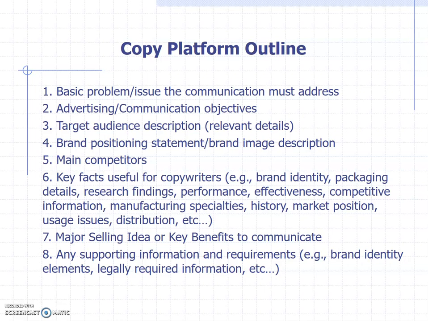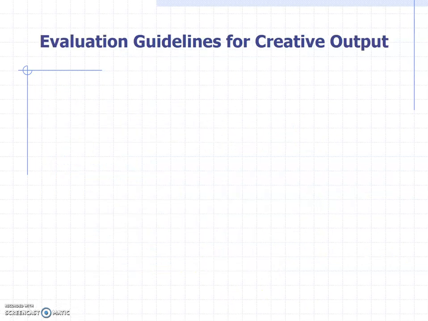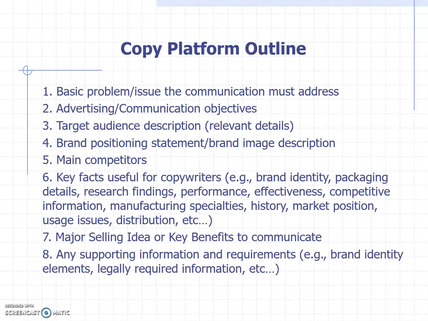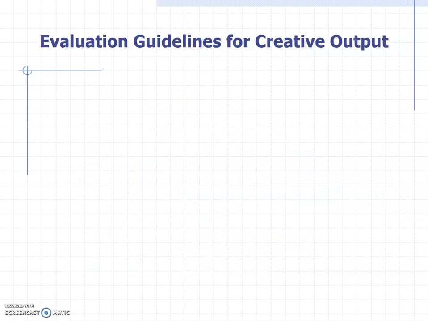And now we will turn toward the last issue, which is the evaluation guidelines for the creative output. So again, we have this copy platform, this creative brief. We brief the agency with this, it has the strategy elements, all the supporting information, the key facts that are useful for copywriters, the competitive analysis, the target audience description, etc. Now we get the creative output, and the question is, how do you evaluate that creative output?